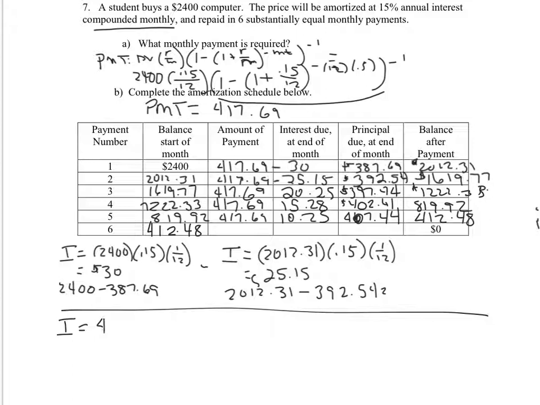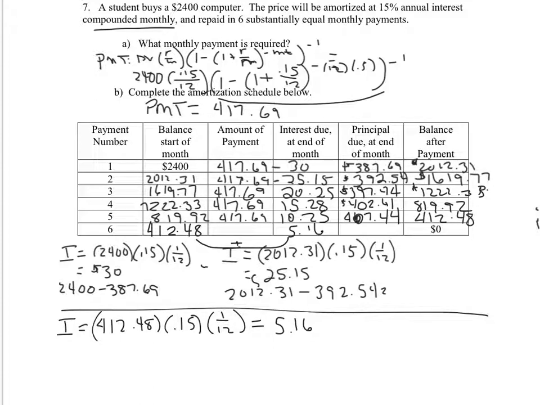So what we have to do is calculate the interest amount. We have $412.48 times 0.15 times 1 over 12. If you multiply that out, you're going to come up with $5.16. That's the amount of interest that's due. Now remember, you have to add these together to see what the amount of the payment is.